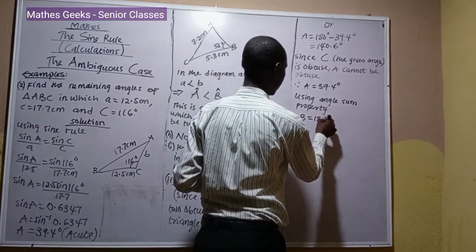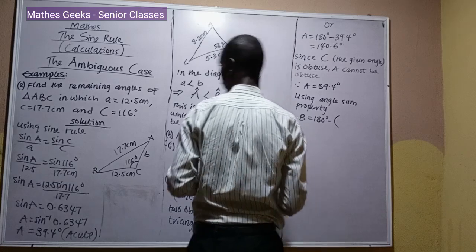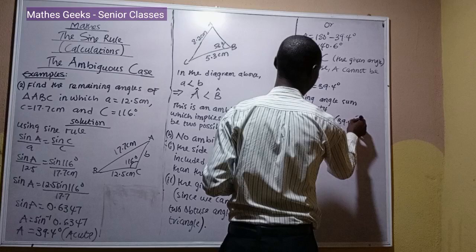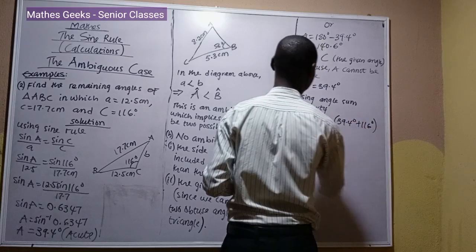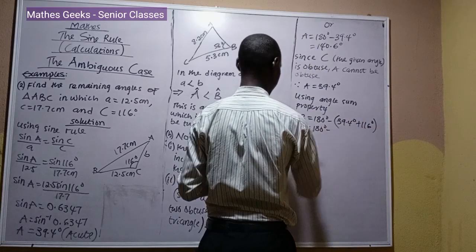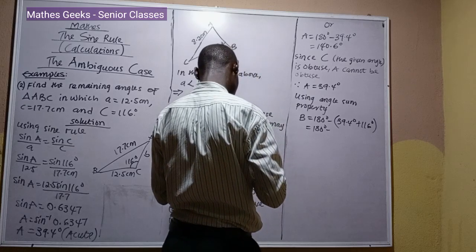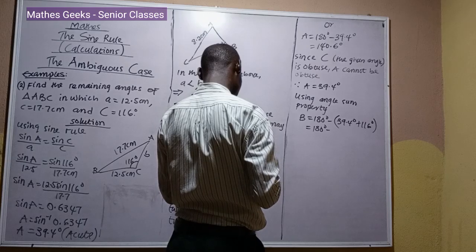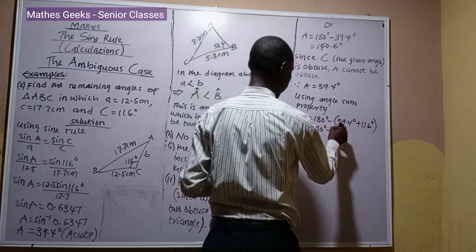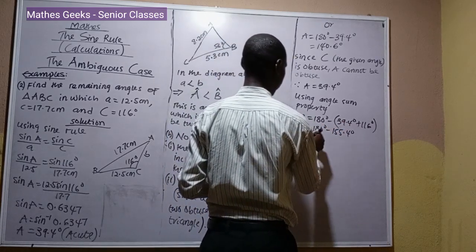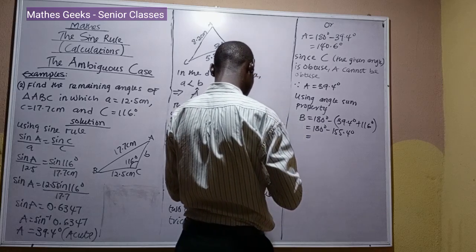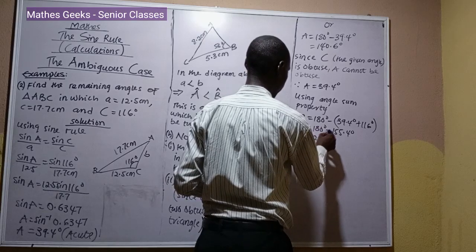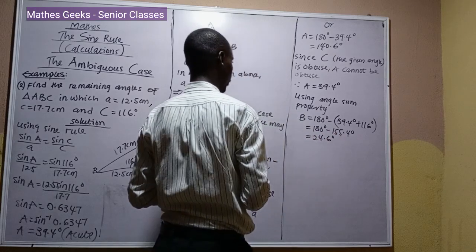B is equal to 180 degrees minus 39.4 degrees plus 116 degrees, that is 180 minus 155.4, which is 24.6 degrees.